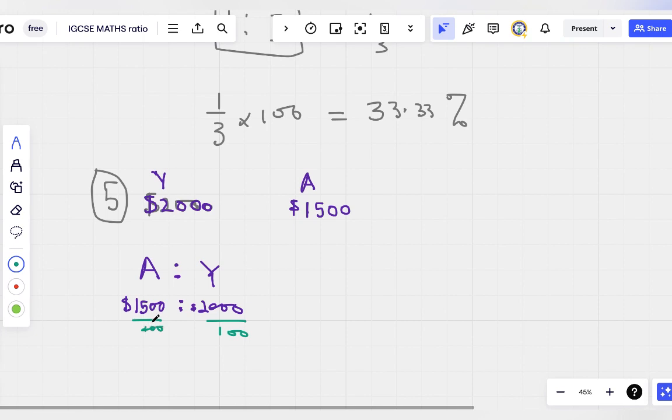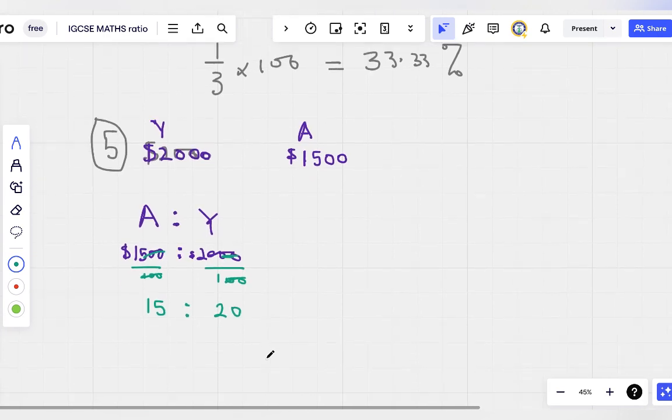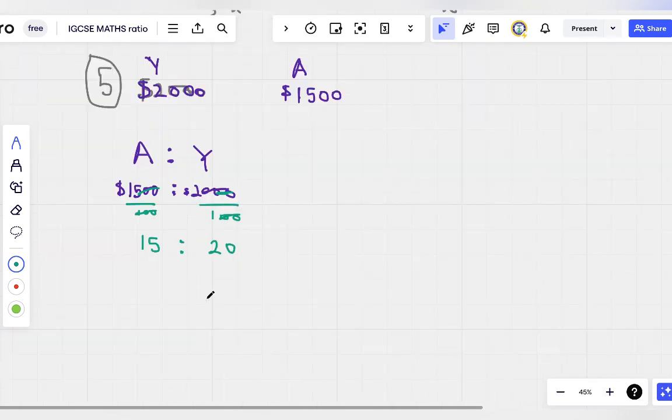This 0 0 cancels this 0 0. We get 15 here, and we get 20 here. Now this is not the simplest form of the ratio.